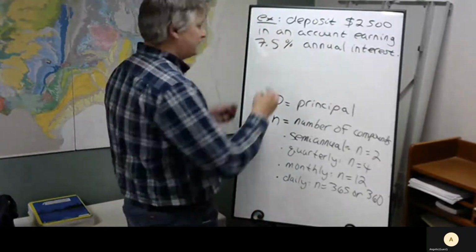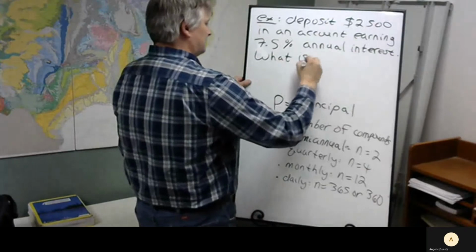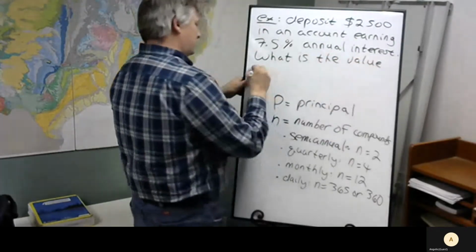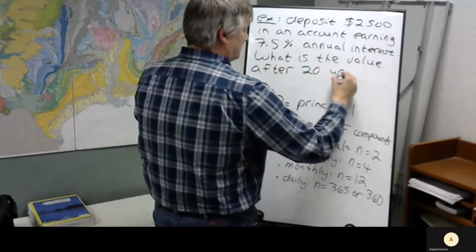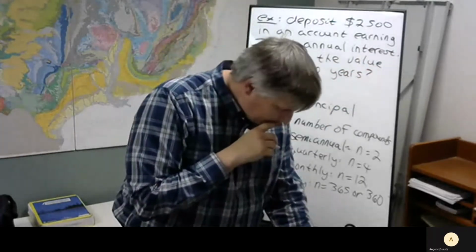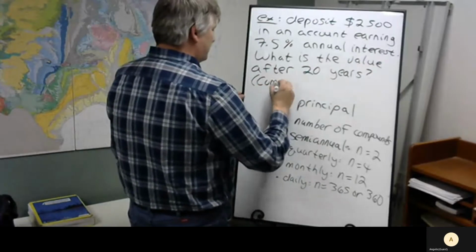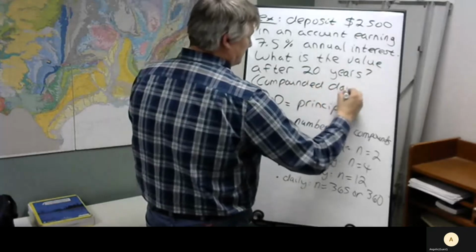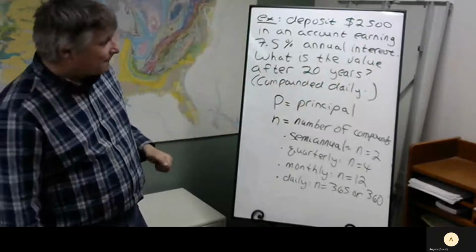So what's the value after 20 years? We need a little more information. We'll assume compounded daily. It'll be compounded daily.